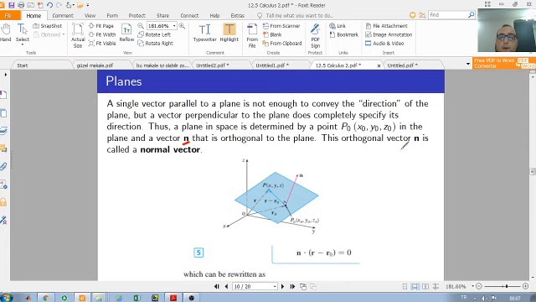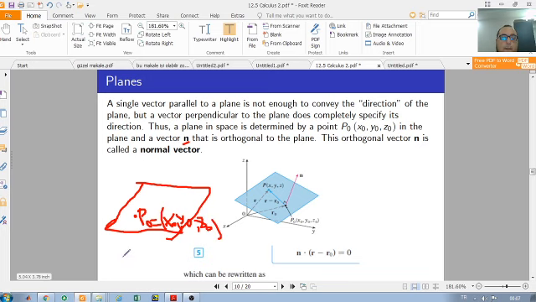This orthogonal vector n is called a normal vector. Namely, if you know a point P0 with components x0, y0, z0 in this plane, and a vector orthogonal to the plane, stated as little n or bigger N, we can find an equation of this plane.